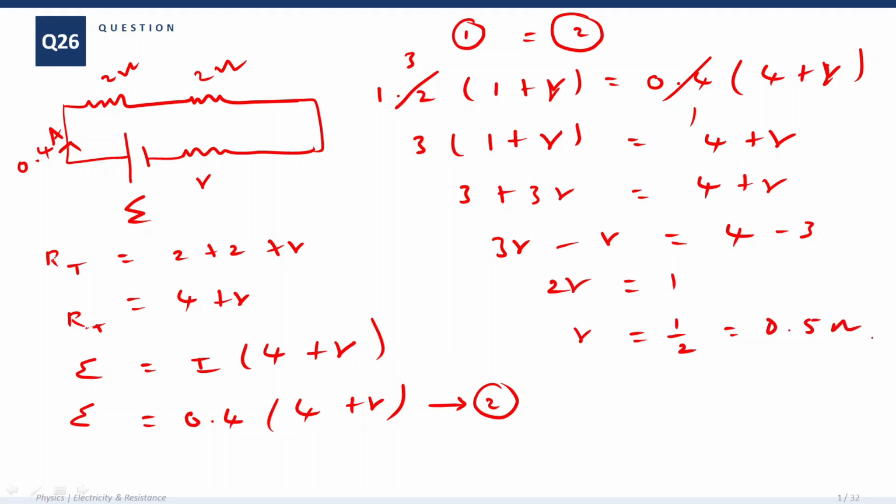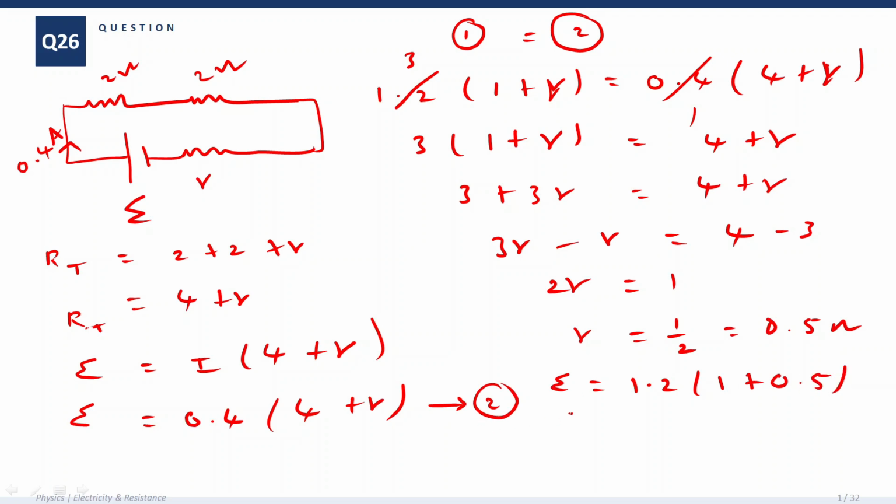This is the internal resistance. This R value, substitute in either equation 1 or 2. I will take equation 1. Then epsilon equals 1.2 times 1 plus the internal resistance we found, 0.5.